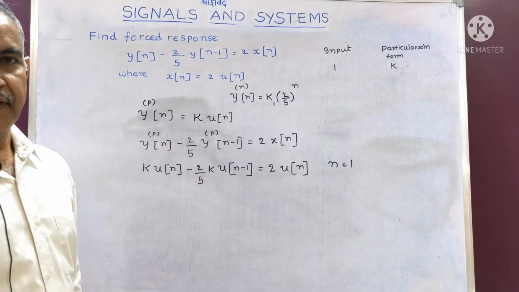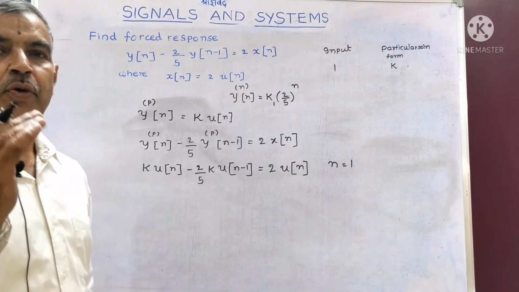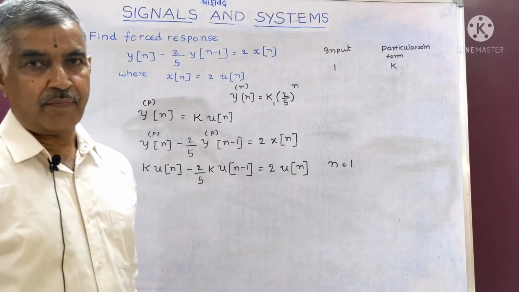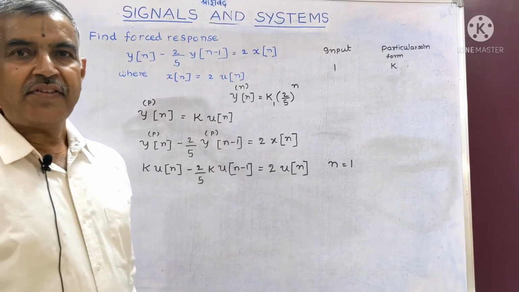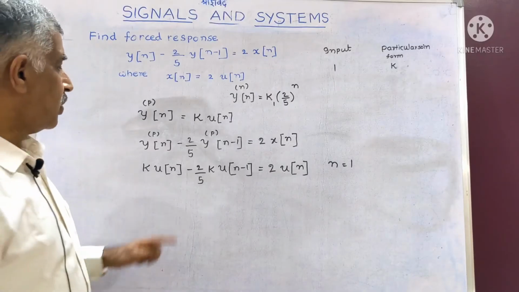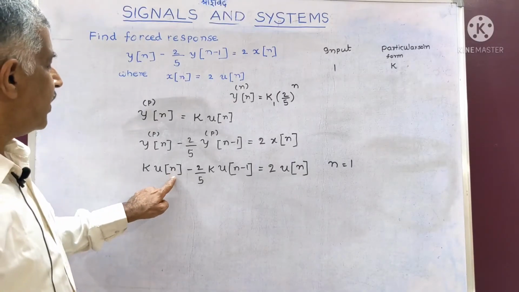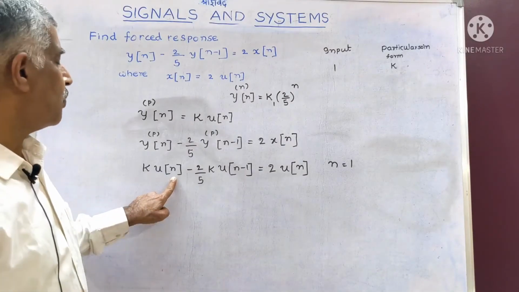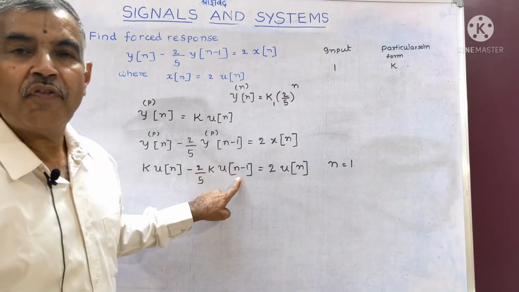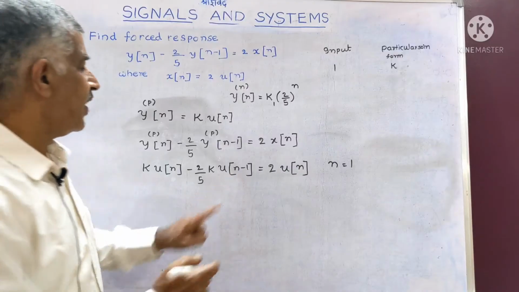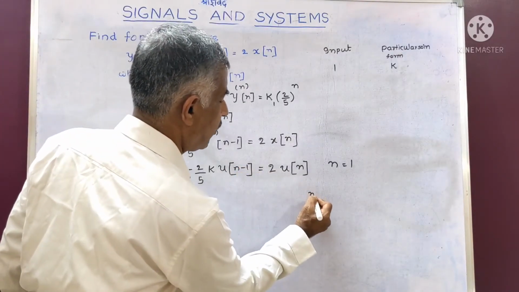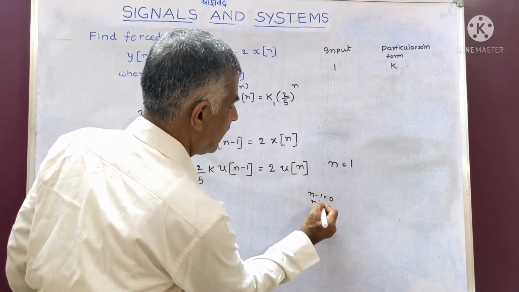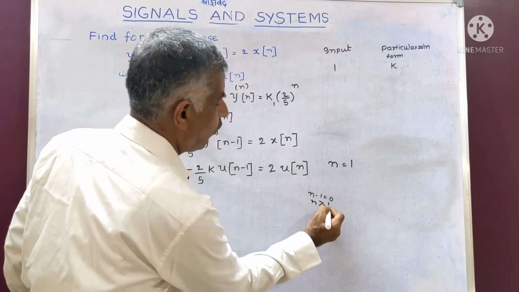Refer to my earlier classes where I explained the step function. U of n is 1 for n greater than or equal to 0. U of n minus 1 is 1 for n greater than or equal to 1.